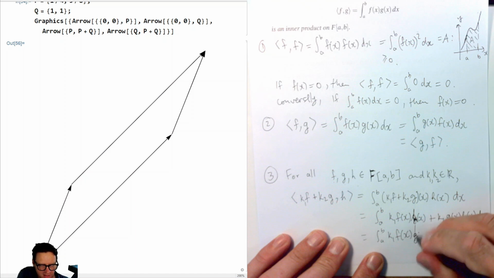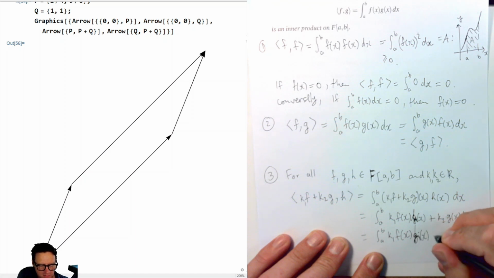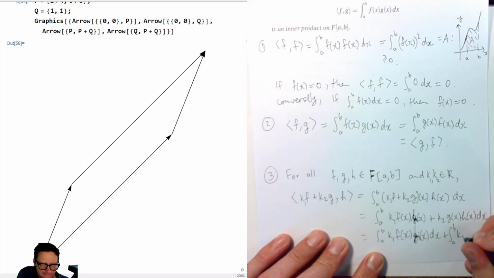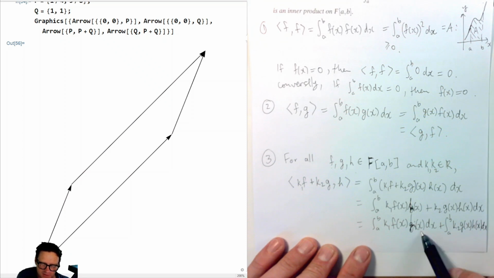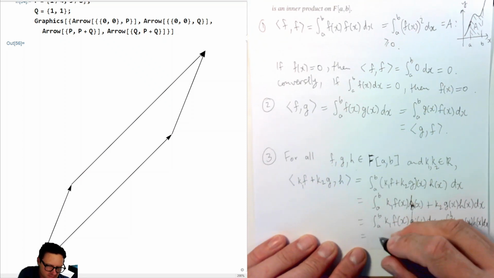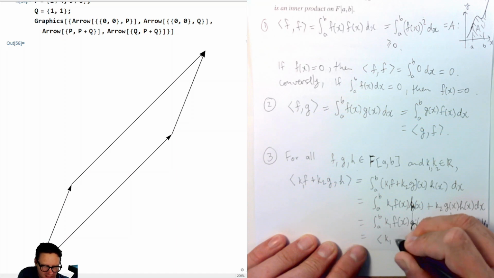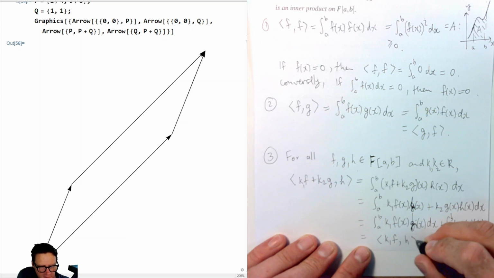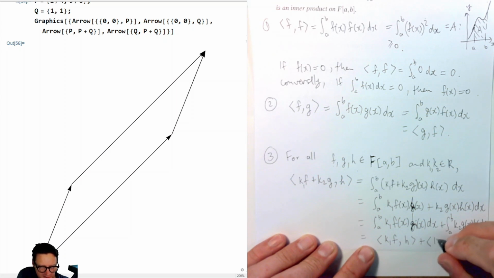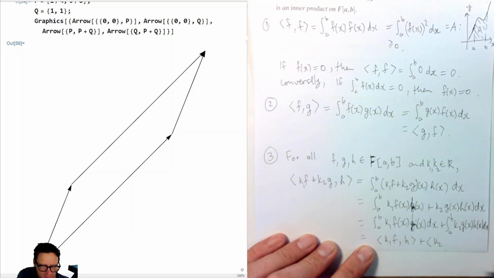Oops, that's h of x. Okay, and this is the sum of two inner products, k1 f inner product h plus k2 g inner product h.